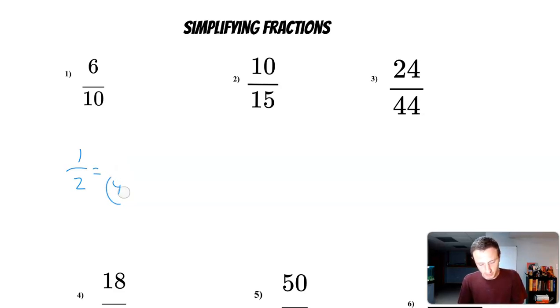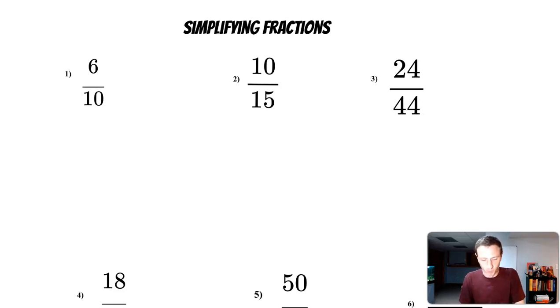So now let's actually go through the process of how we simplify this, the actual work behind the scenes. So 6 over 10. Here's the long form, and as I go through this video I'm going to speed it up a little bit, but for this first one I want to break down the exact process. For 6, I want to think about all the numbers that multiply to 6.